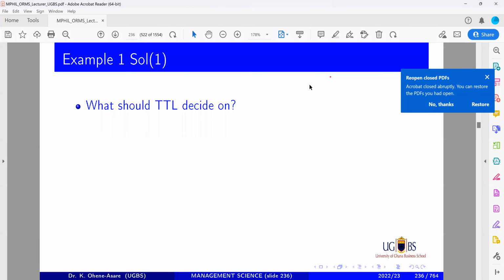What should the company decide on? The company is supposed to decide.